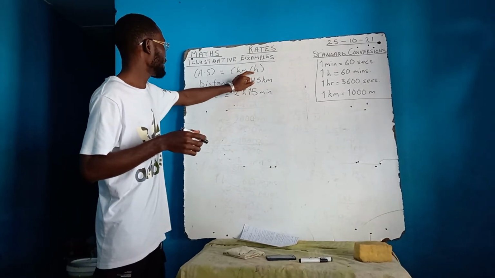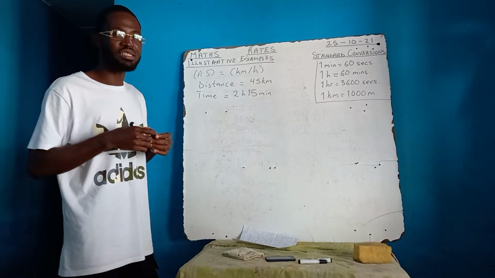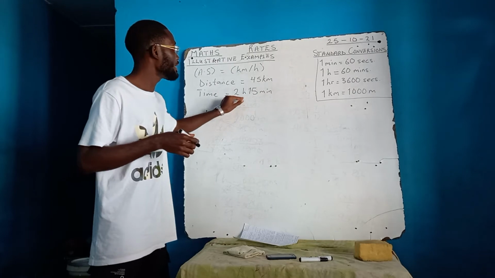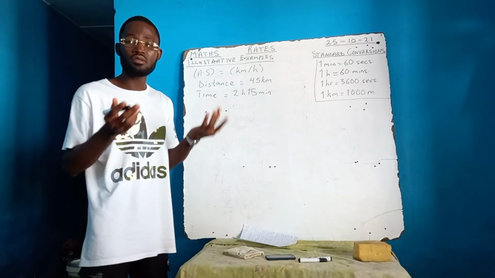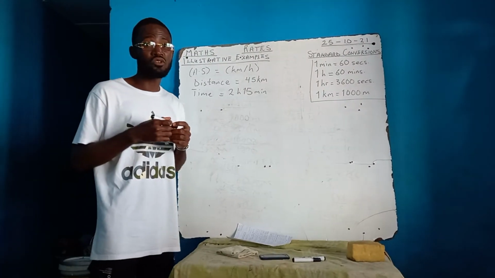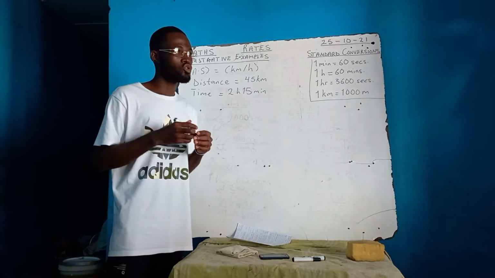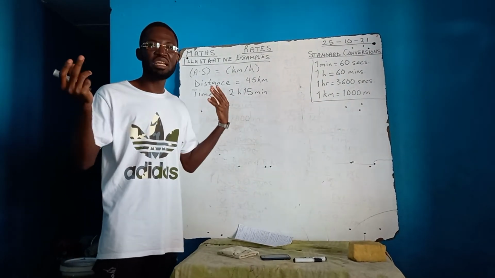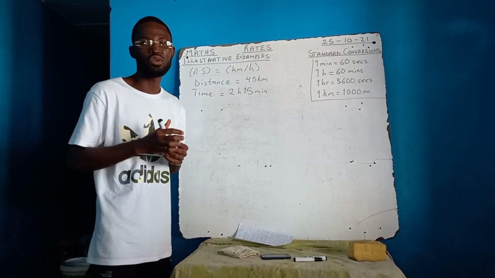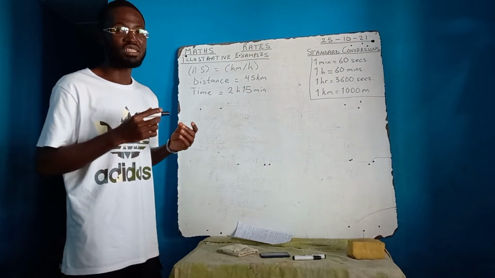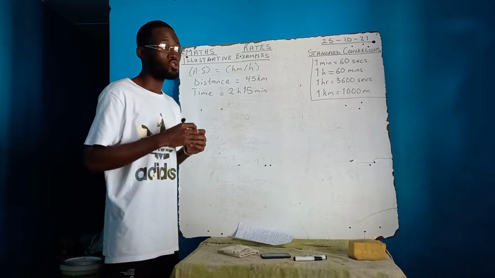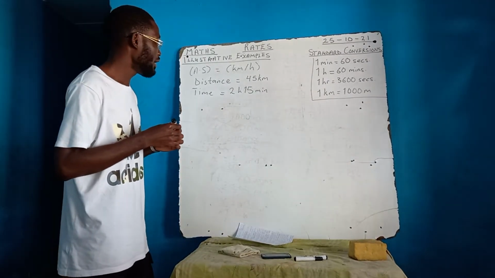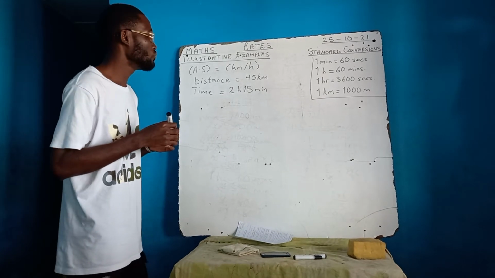We have our time in demand of the question to be in hours, and per our data we have 2 hours 15 minutes. Yes, we still have hours, but the 15 minutes over here is odd. So we'll rather try to manipulate the 15 minutes to be in tune with the hours that the question is demanding of us. So let's set sail and manipulate our minutes and convert it to hours.